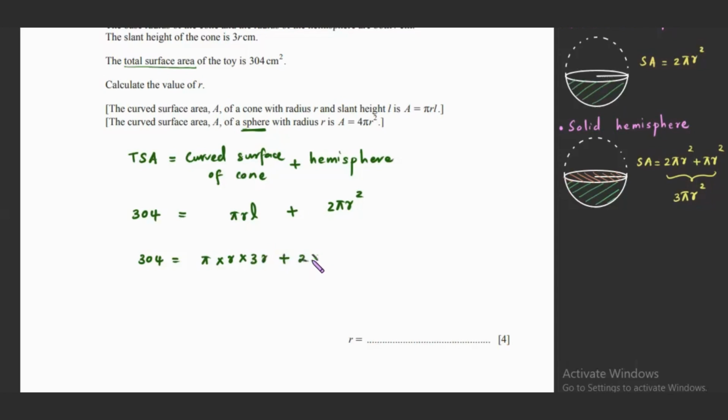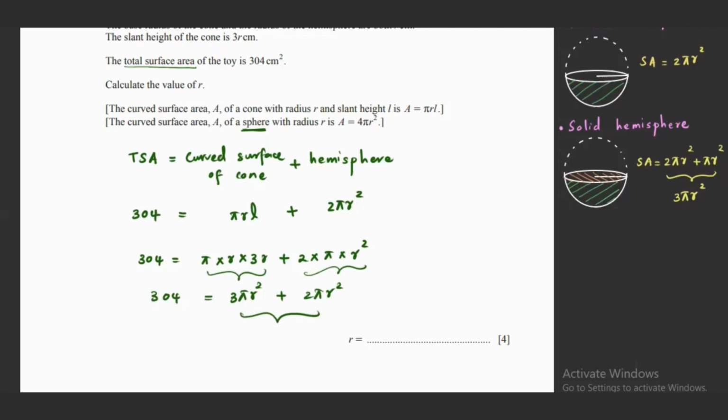Add to that 2 times pi times the radius of the hemisphere, which is r, so that's going to be r squared. So I can multiply these: 3 times pi times r is going to be 3 pi r squared. And here I have 2 pi r squared. This is equal to 304.